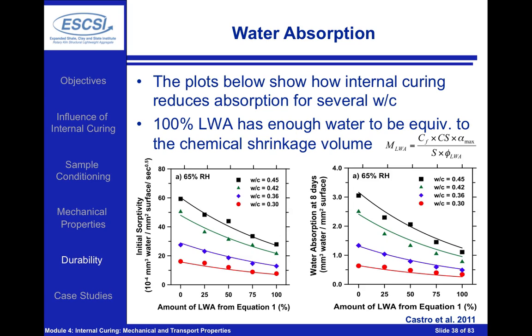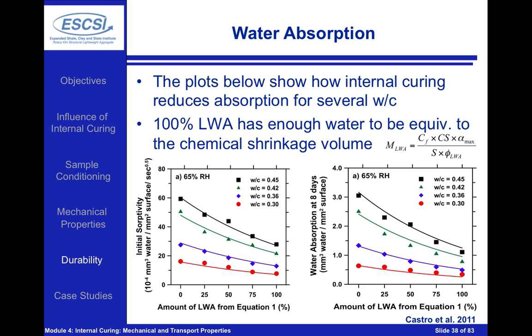And what we can see is that as we internally cure our concrete, both the initial rate of water absorption in the plot on the left-hand side, talking about initial sorptivity, and the plot on the right-hand side, which is the total amount of water that's being absorbed, decrease as we use lightweight aggregate in the system.